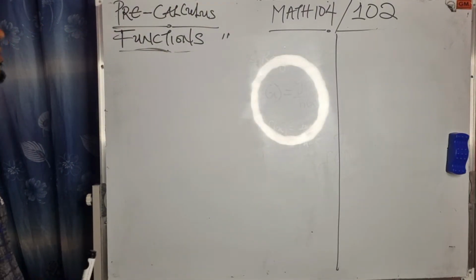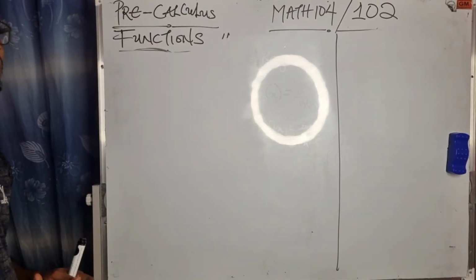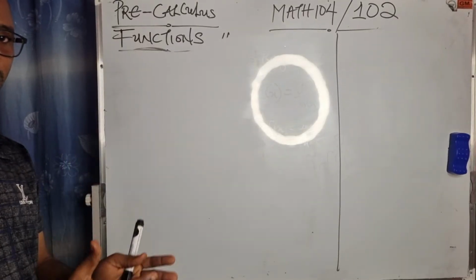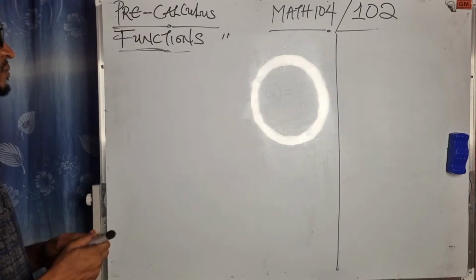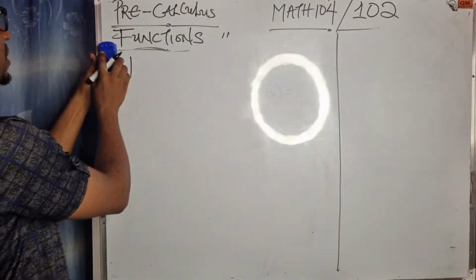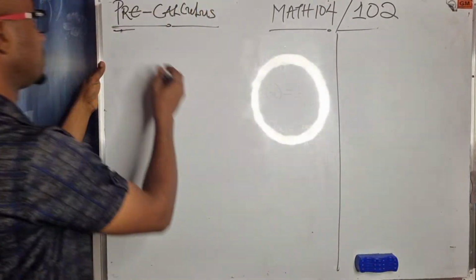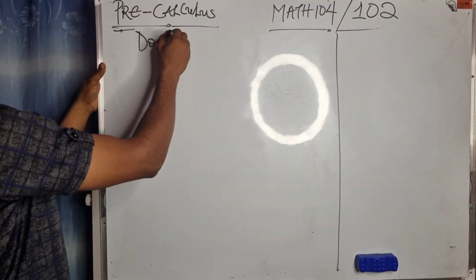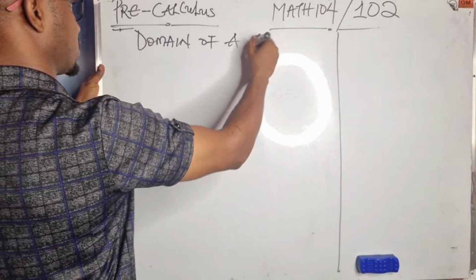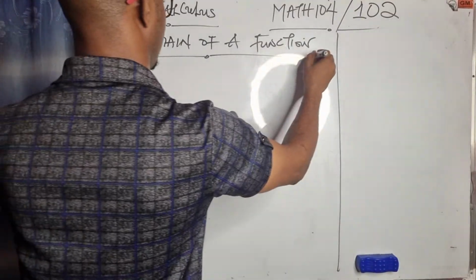We can't fully evaluate or construct a graph without knowing the values of x that can define that function. That's why your domain is very important. So our topic for today, the first topic we'll look at under function, is the domain of a function: how to find the domain of a function.